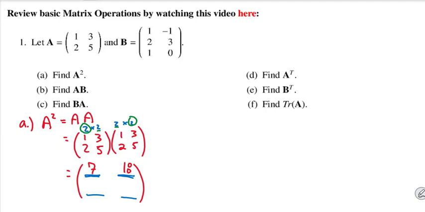Okay. I'll just do the last two entries as a reminder. For this entry right here, this is my 2, 1 entry, so I'll take the second row of my first matrix times the first column of my second matrix, and if I do that multiplication, I get 12. And then lastly, for the 2, 2 entry, I take the second row of the first matrix times the second column of the second matrix, and that gives me the entry 31.